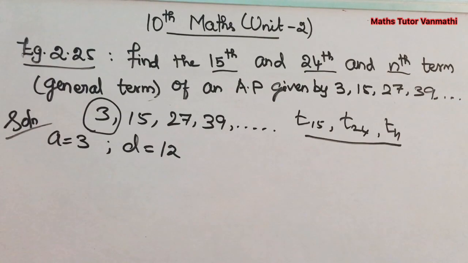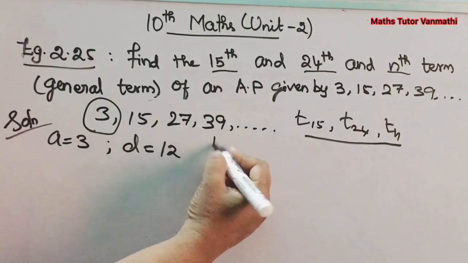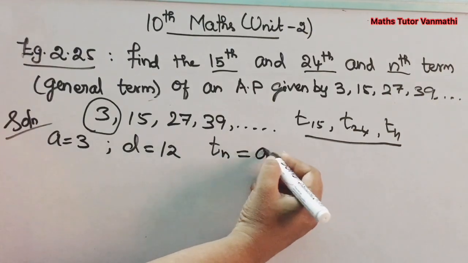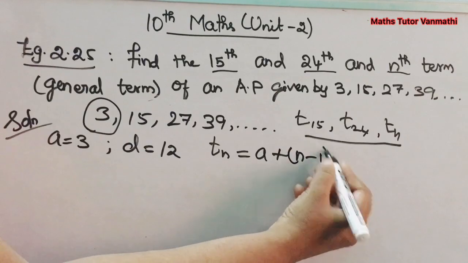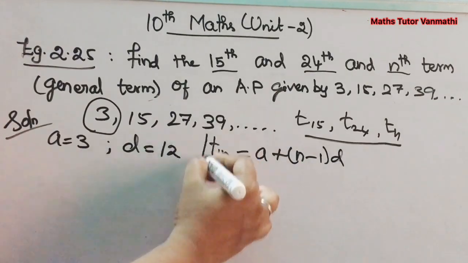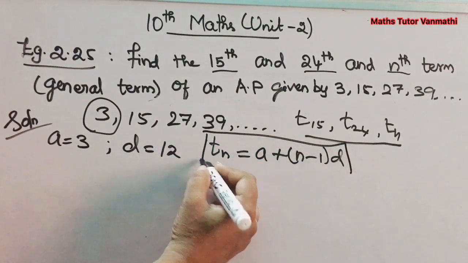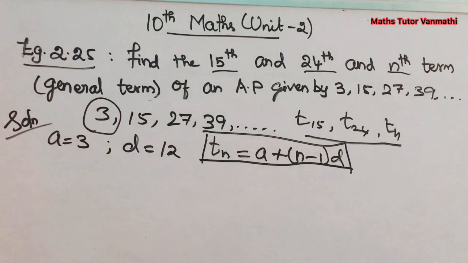First we can write the general term, that is Tn is equal to A plus n minus 1 into D. This is the format we have already seen in the introduction part. Substituting n is equal to 15 first, what will you get?